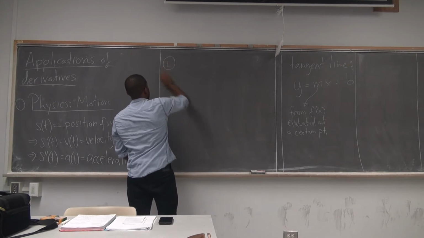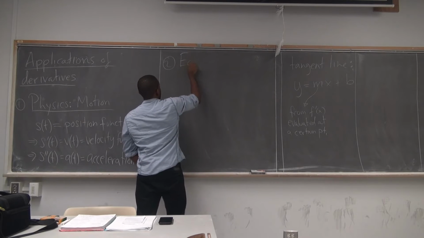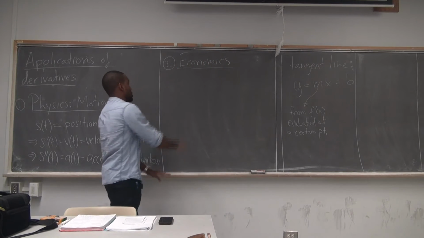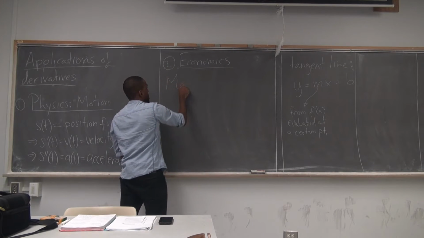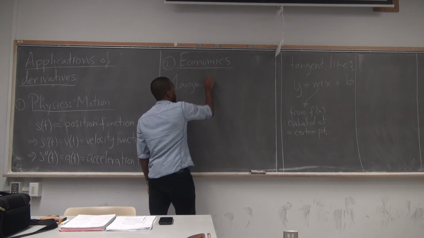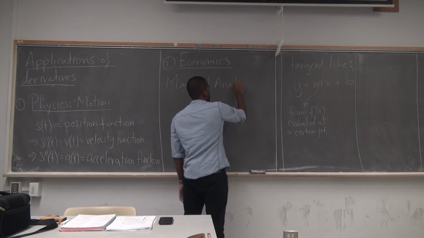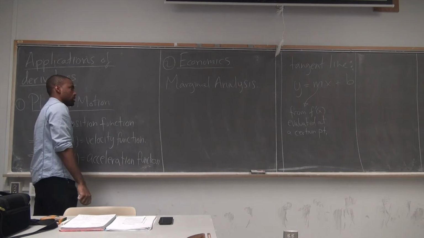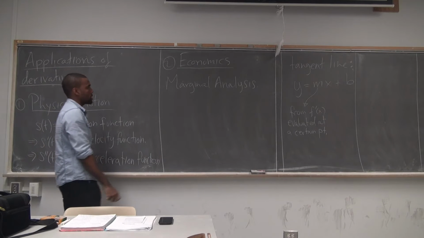Another application is economics. For those of you who are economics majors, things like marginal analysis are one place you're going to use derivatives. We're actually going to talk about this after we do optimization, or even before optimization.